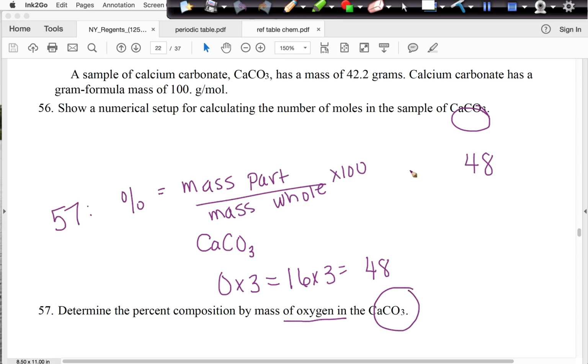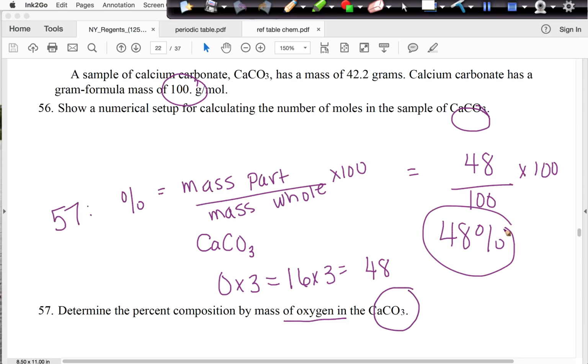That part is going to go over the mass of the whole, which is the gram formula mass, times 100 to get the percent composition by mass. And what that is, when we multiply it out and divide it out and multiply by 100, we wind up getting 48% oxygen in this compound.